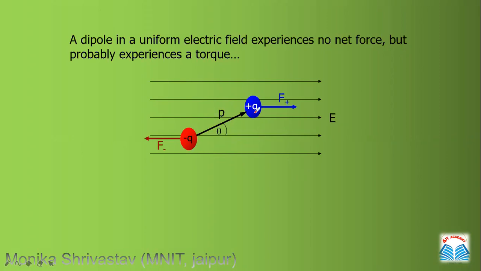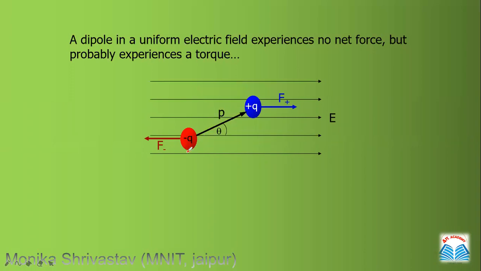So if we want to calculate the force, the force on the plus Q charge, F plus, will be towards this direction, and the force on the minus Q charge will be towards this direction. These two have the same magnitude, plus Q and minus Q having the same magnitude.